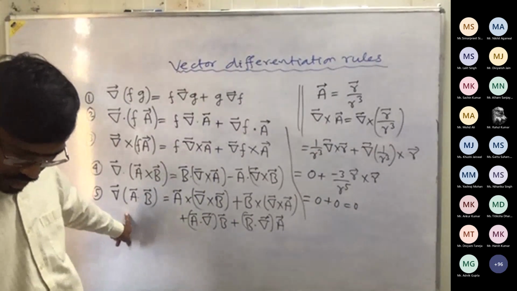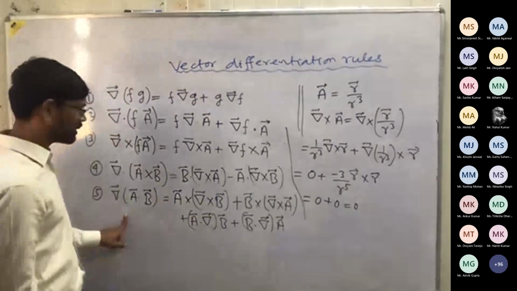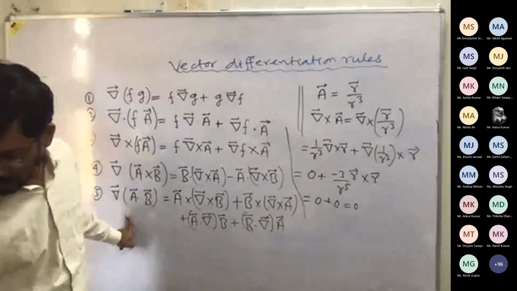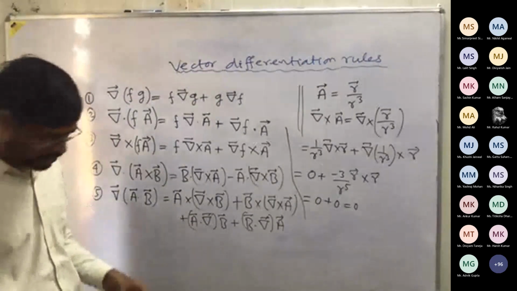This is equal to the curl of A cross B. What is the time now? Oh, the time is up.